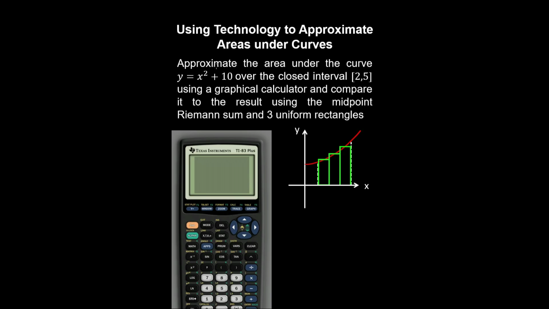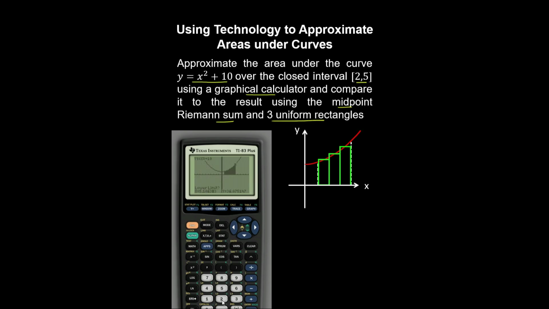Let's approximate the area under the curve given by this function over the closed interval from 2 to 5 using a graphical calculator, and we'll compare the result with that of the midpoint Riemann sum using 3 uniform rectangles. So if we enter the function for our curve and graph it, and then we do second function, calculate, and select 7 for the integral.